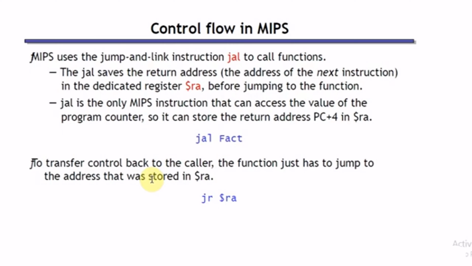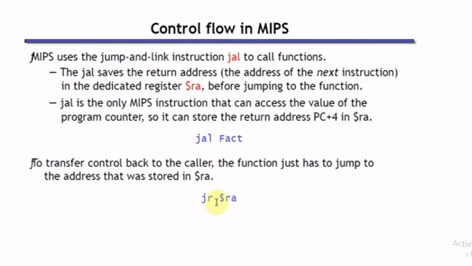When we reach the end of the function, we should return back to the caller program. We have a specific instruction for this again, jump register, JR. Jump register jumps to the address that is stored in its parameter.